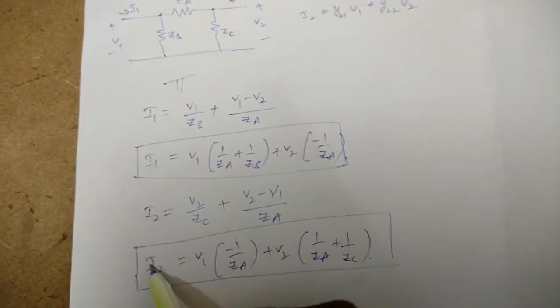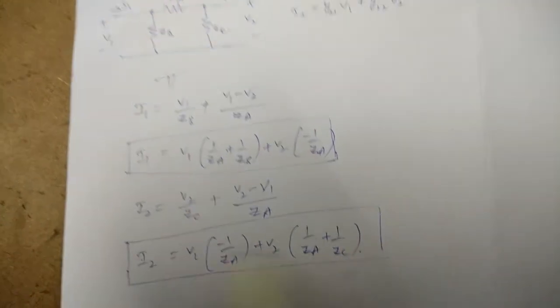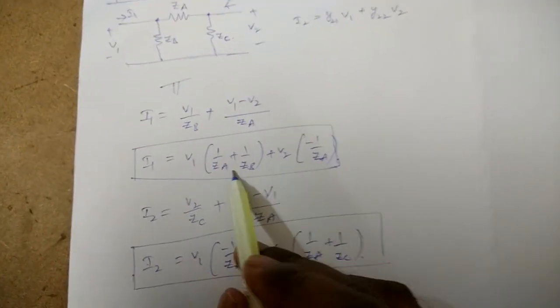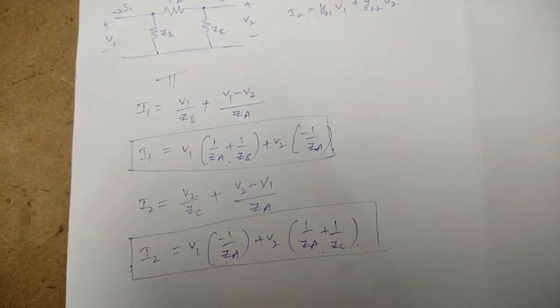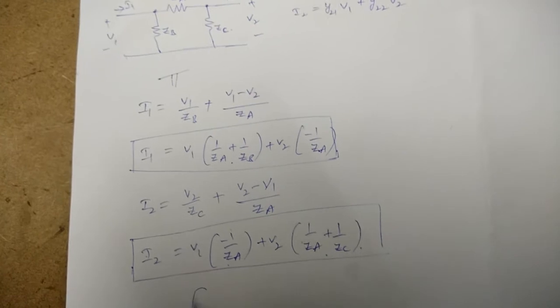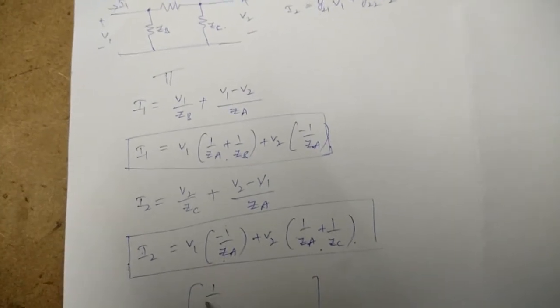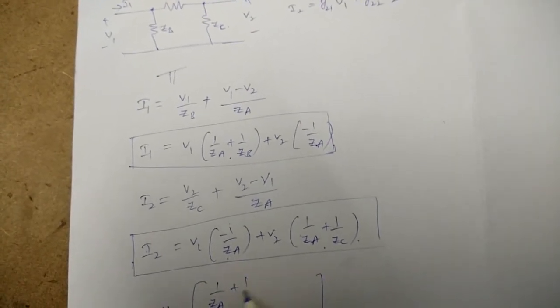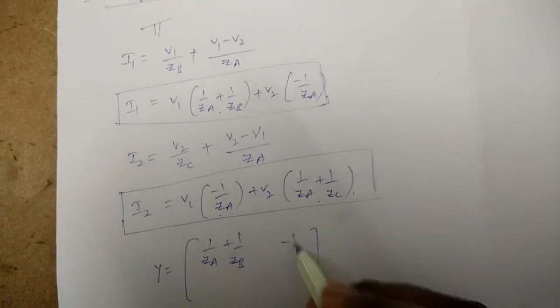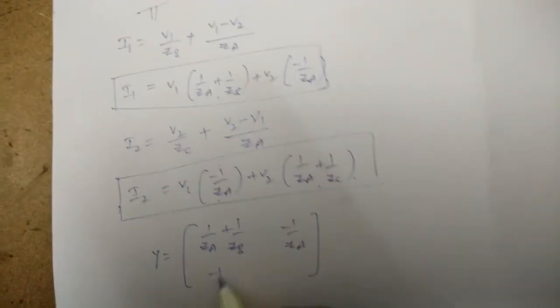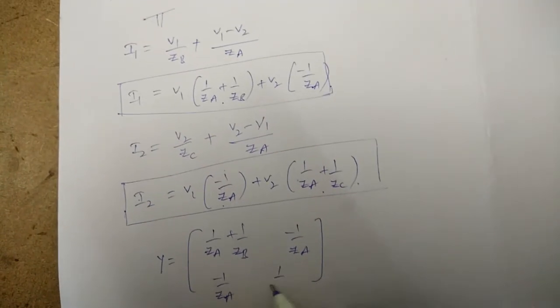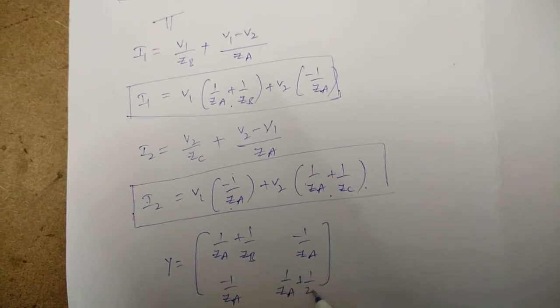So I1, I2 in terms of V1 and V2: this is Y11, this is Y12, this is Y21, and this is Y22. So the Y parameter matrix is 1 by ZA plus 1 by ZB, minus 1 by ZA, minus 1 by ZA, 1 by ZA plus 1 by ZC.